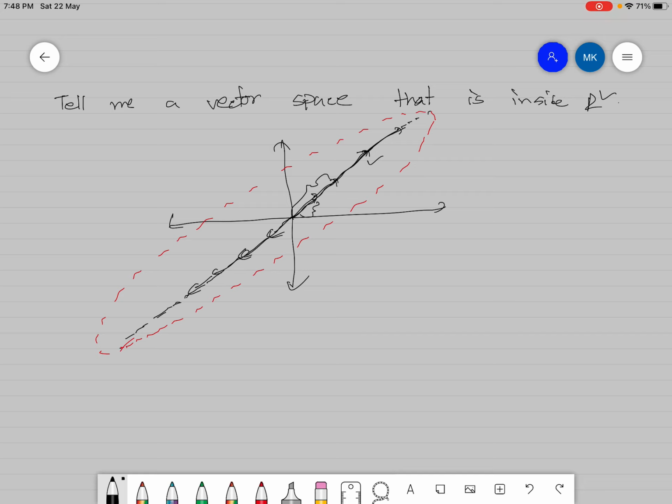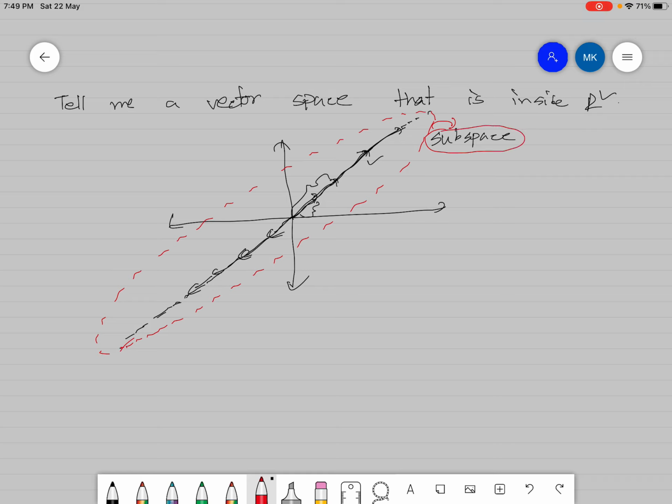But as this is a vector space inside another vector space, this is called a subspace.